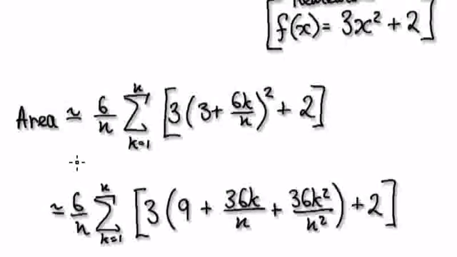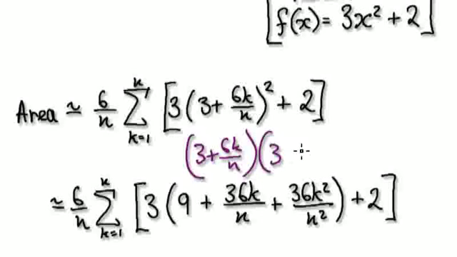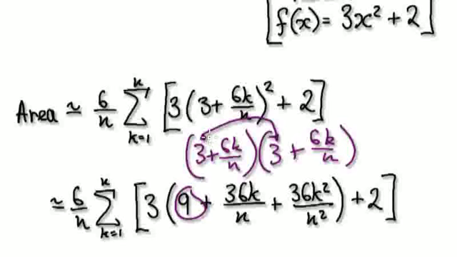Okay, so now just use algebra. Multiply out the brackets, multiply out this thing here. So it's really 3 plus 6k over n times by itself, 3 plus 6k over n. This times this would give us 9.